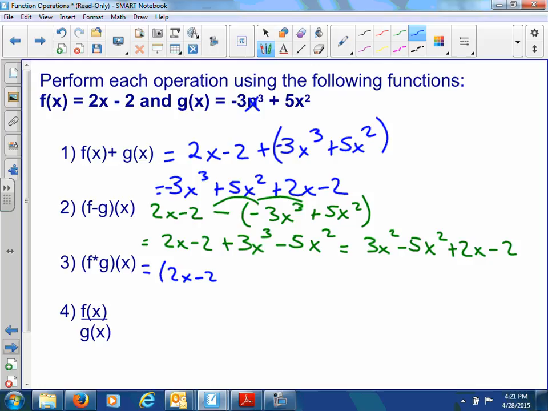So 2x minus 2 times negative 3x cubed plus 5x squared. Distribution or FOIL, or you can use box. I distribute.